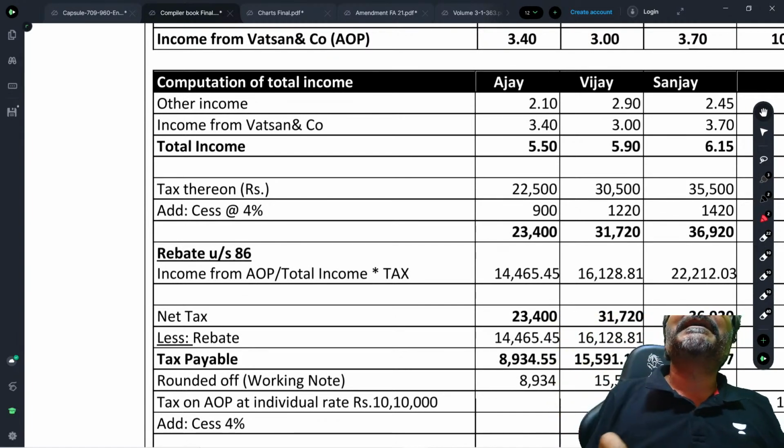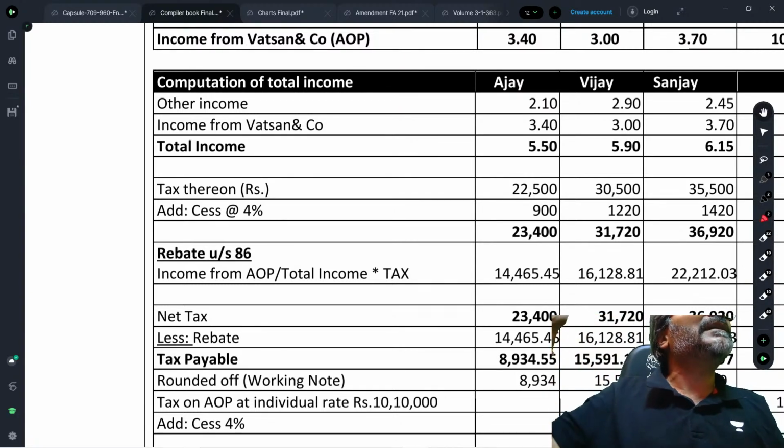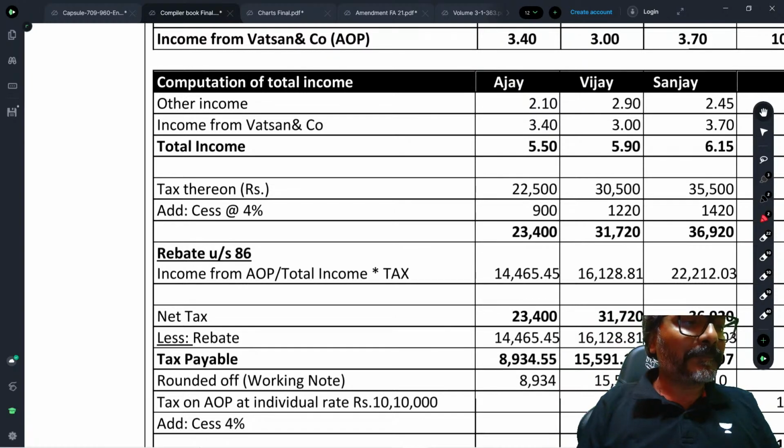Answer is yes. So that is one amendment which was introduced last year.